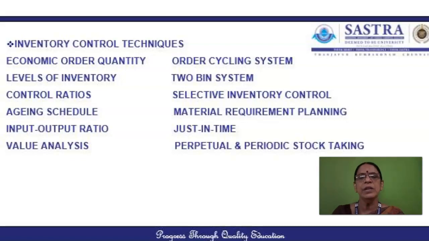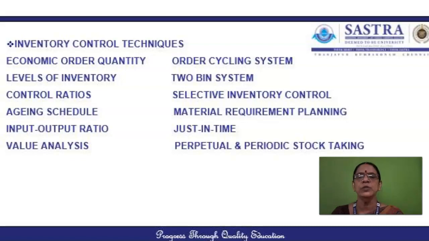The next inventory control technique is inventory ratios and indices. The first main ratio is inventory turnover ratio. These ratios are mainly calculated to minimize the inventory.